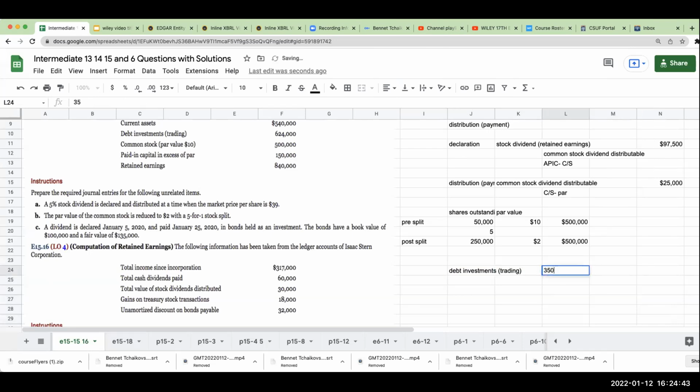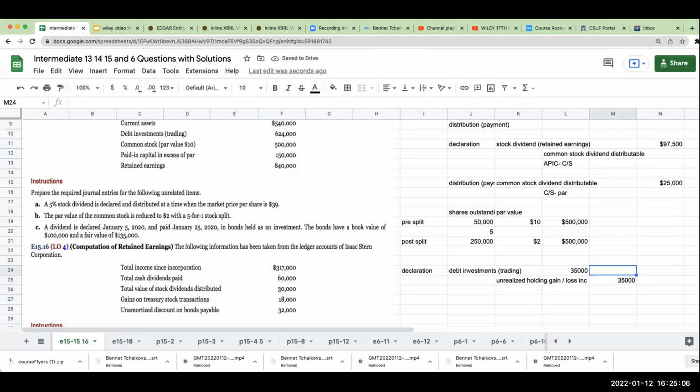We're going to debit this for 35,000. And this is going to be an unrealized holding gain or loss on income. This is the first step, and this is going to be on the date of declaration.